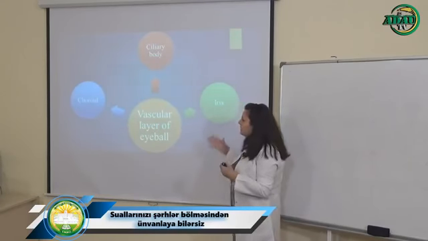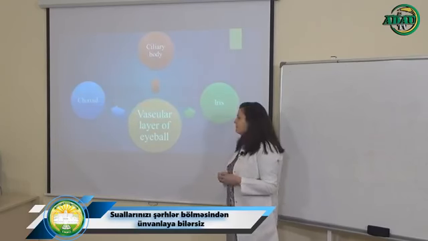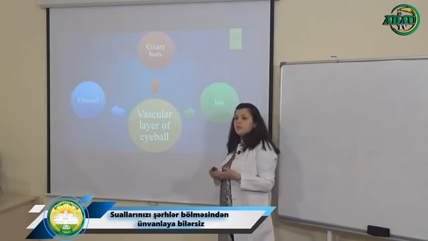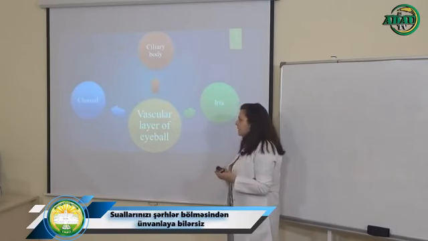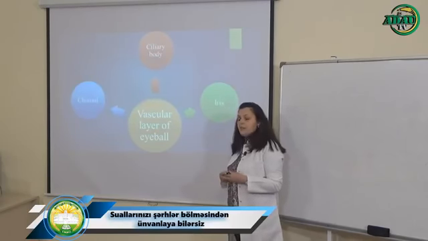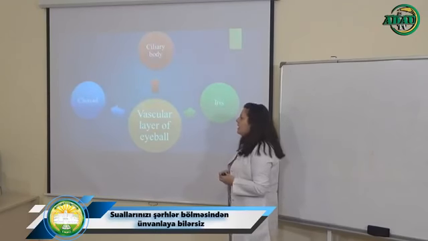In general, I will tell you the main functions of this layer. I should mention that the vascular layer provides, first of all, the nourishment of the retina, gives nutrients to the retina and generally to organs like the iris and ciliary body. Besides, the ciliary body is the organ of accommodation and provides adaptation of the eye to near vision and to distant vision.